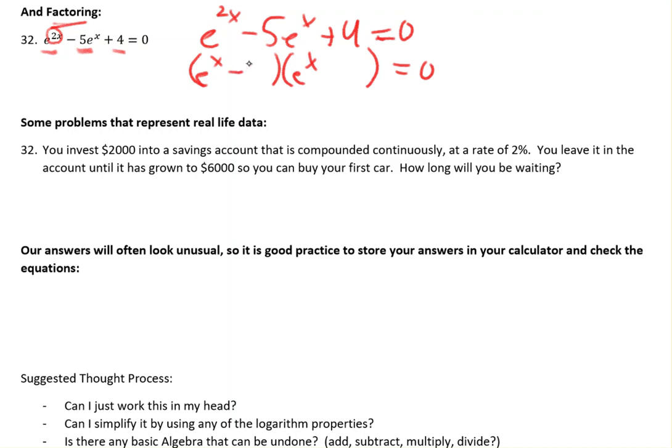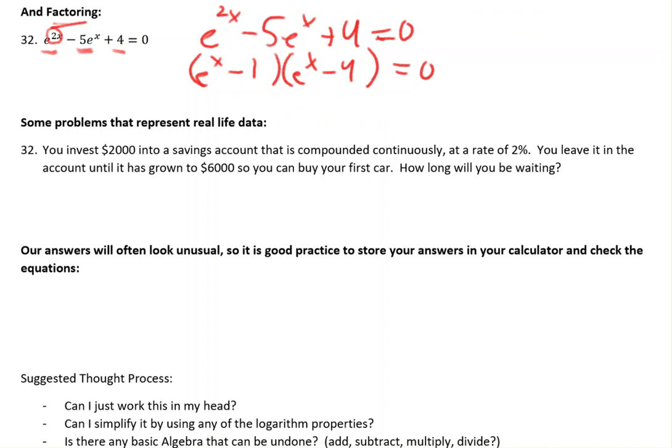And for the same reason, minus 1 times minus 4 multiply to be a positive 4. If I was to FOIL this out, the outer part would be minus 4 e to the x, the inner part would be minus 1 e to the x, and those combine to be minus 5 e to the x.